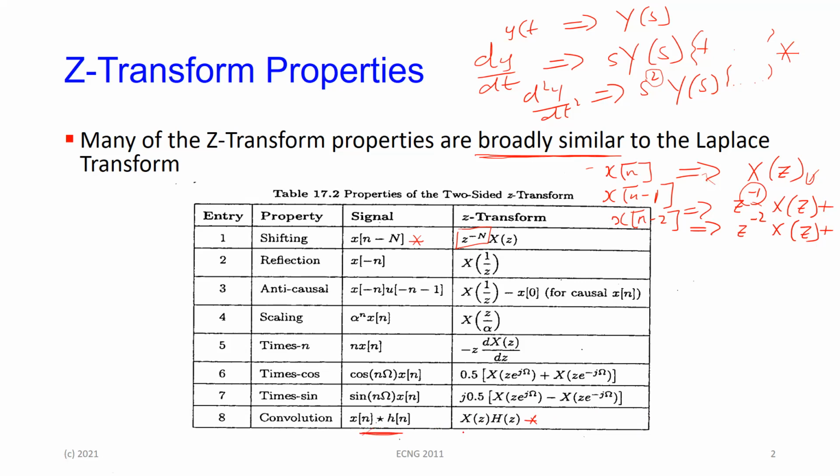So these properties are here, and this one, of course, we know all the way through: convolution in time is a product of the transforms in the transform space. And in fact, this discrete time convolution is how we learned to do continuous time convolution. We'll do that review in a second.